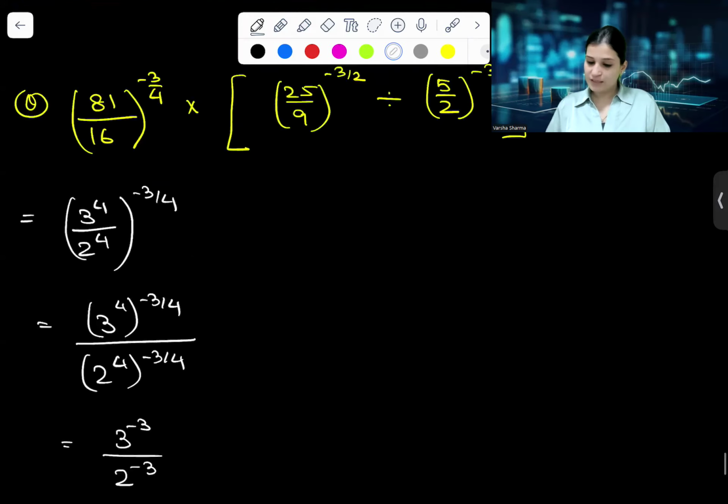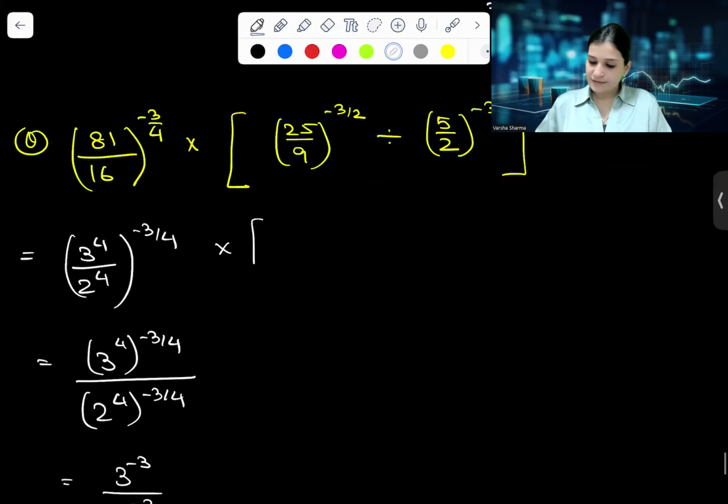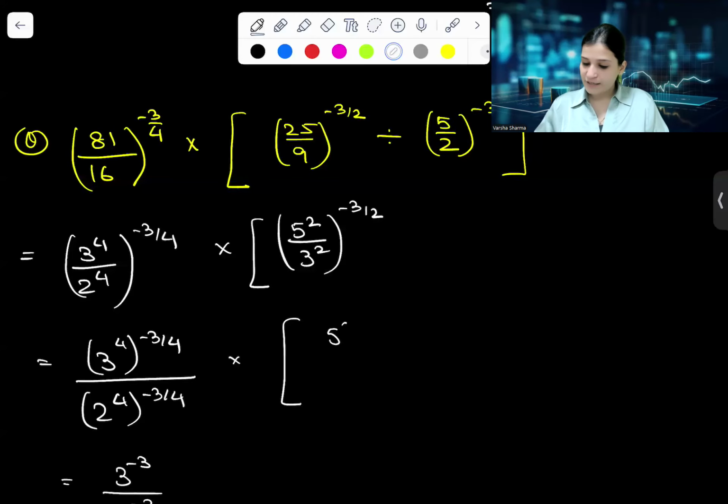Let's simplify inside. This is 5 square and 3 square minus 3 by 2. If I open the bracket, both of them will get minus 3 by 2.